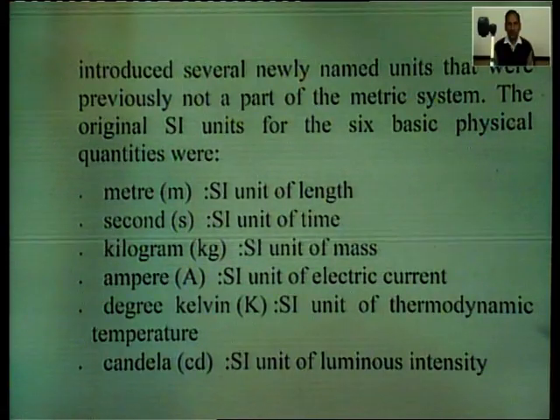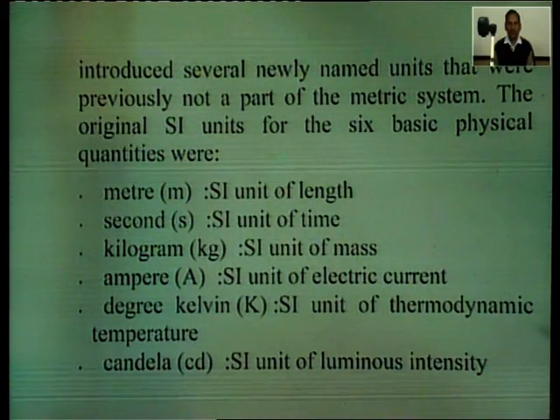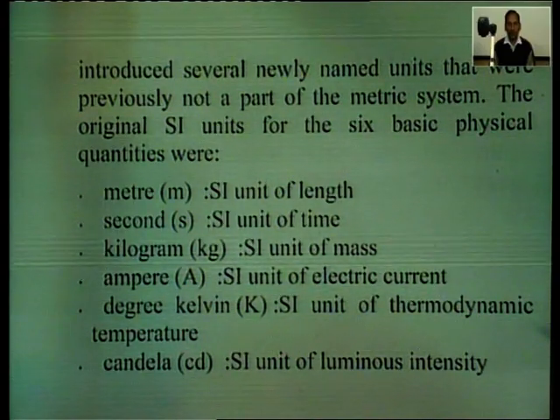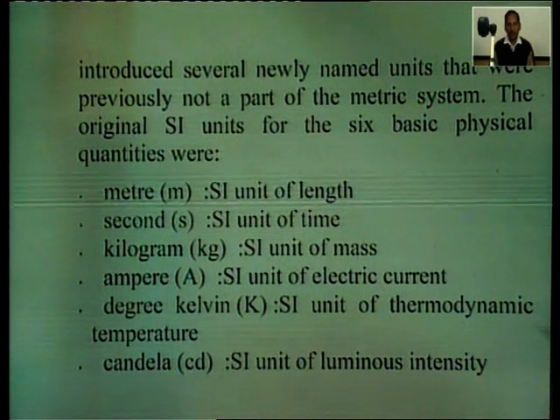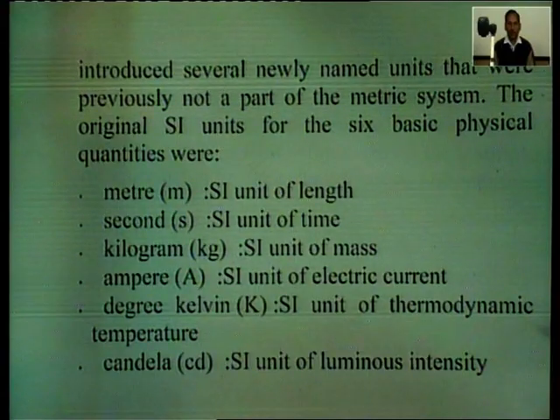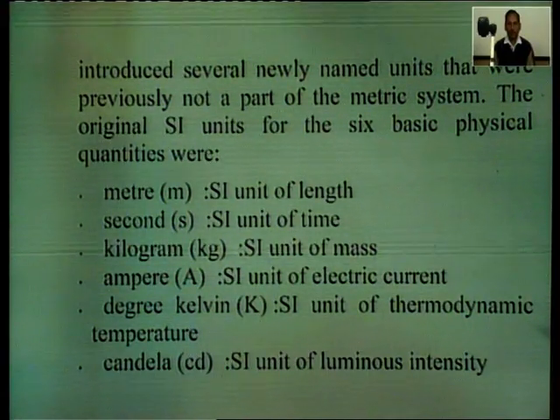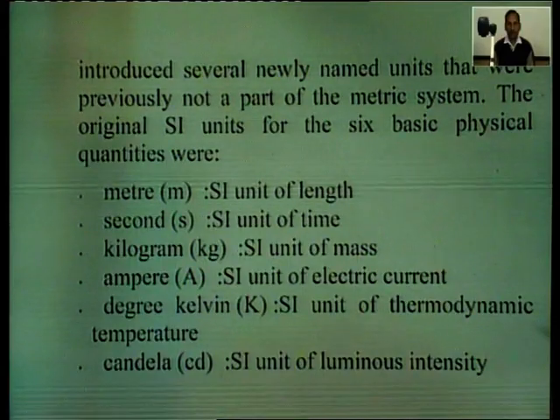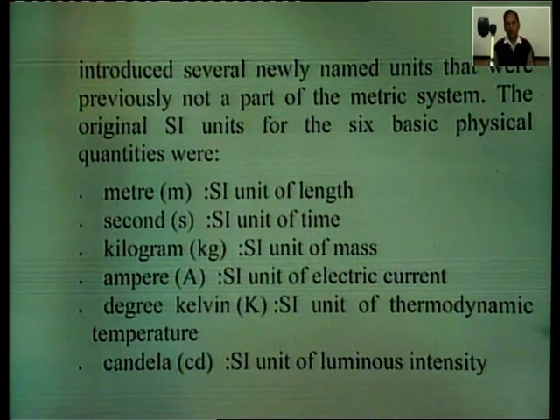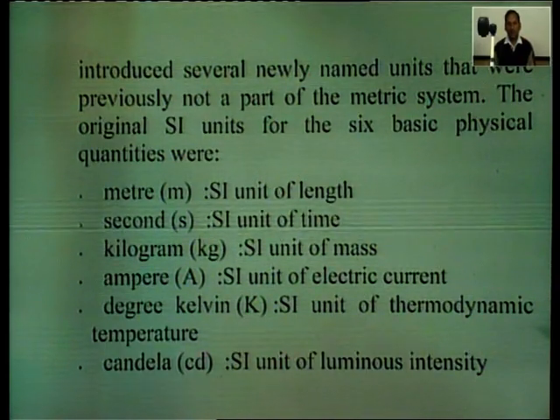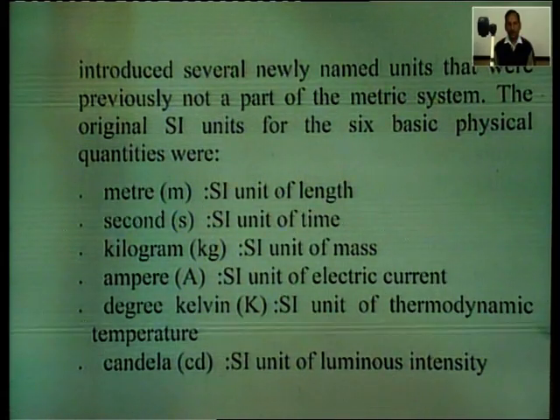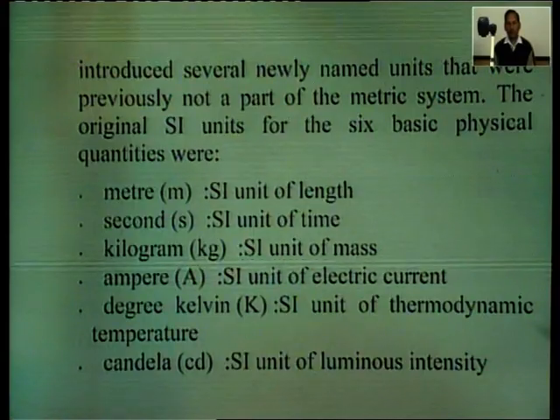The original SI units for the six basic physical quantities were: meter, M, which is the SI unit for length; second, S, which is the SI unit for time; kilogram, kg, which is the SI unit for mass; ampere, capital A, which is the SI unit for electric current; degree Kelvin, capital K, which is the SI unit for thermodynamic temperature; candela, cd, which is the SI unit of luminous intensity.